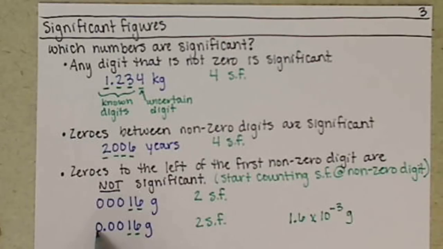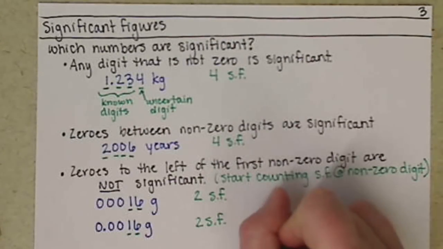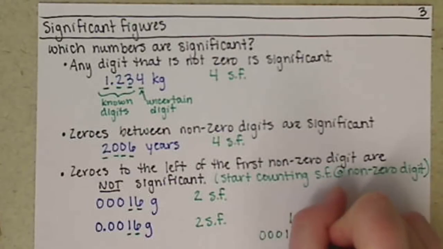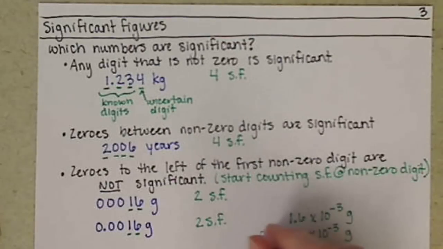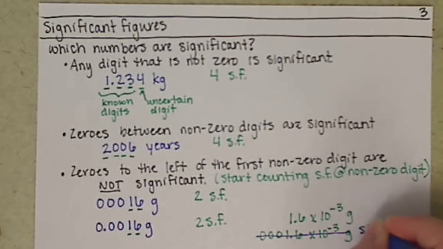If these zeros were significant, if they needed to be there, when I transpose this into scientific notation, I would have to write this as 0.001.6 times 10 to the negative 3 grams, which we've already established that putting zeros out in front like that is just silly. It doesn't mean anything. And this is correct.